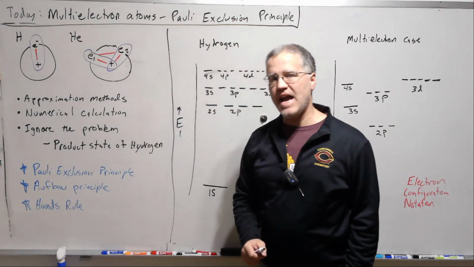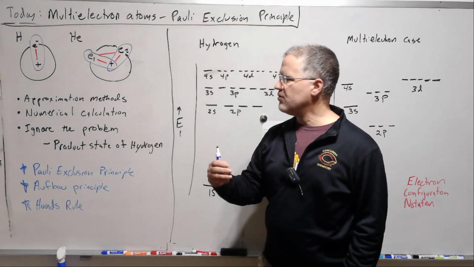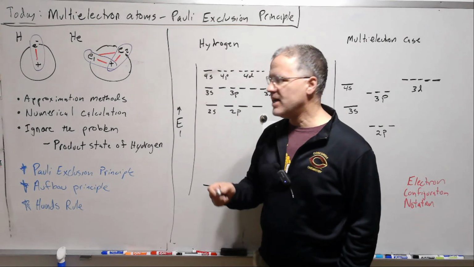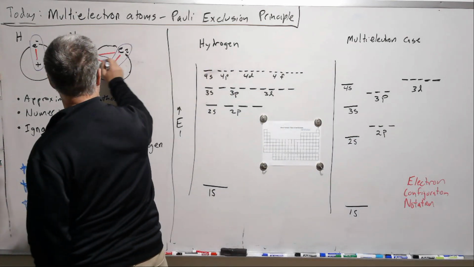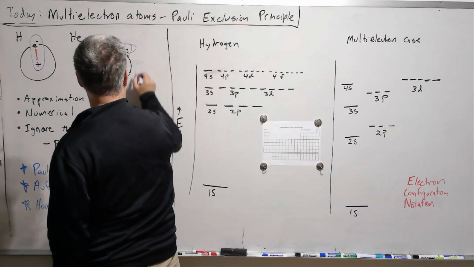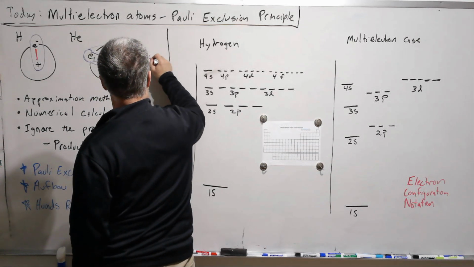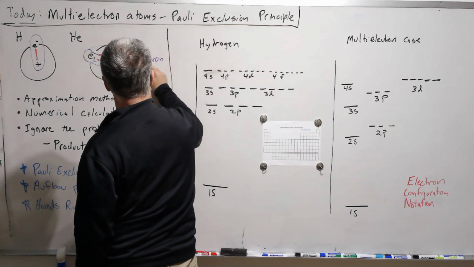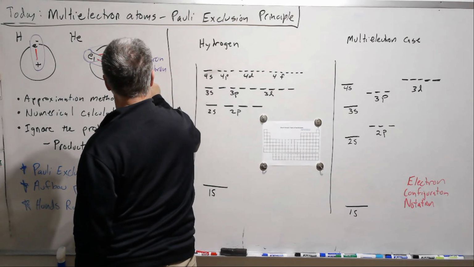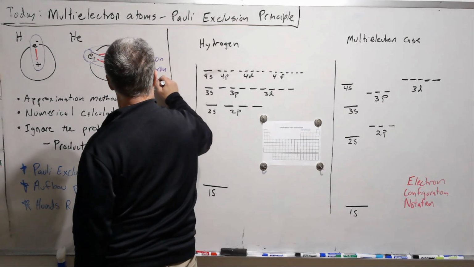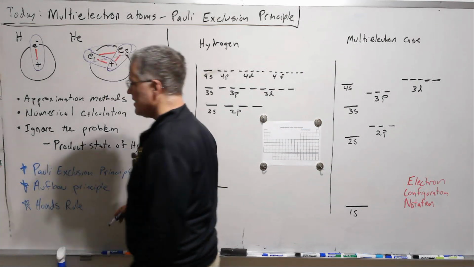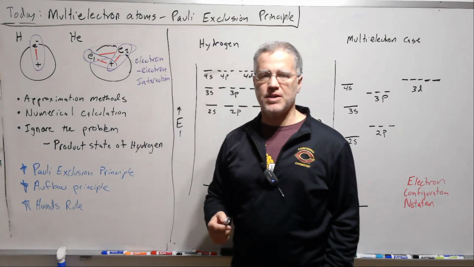So effectively, we have two electron-nuclear interactions. But we also have this third so-called electron-electron interaction. And it turns out this causes really big problems.